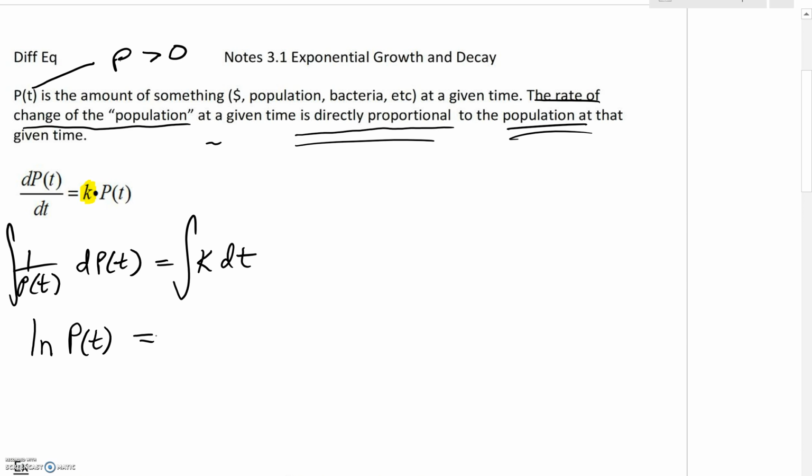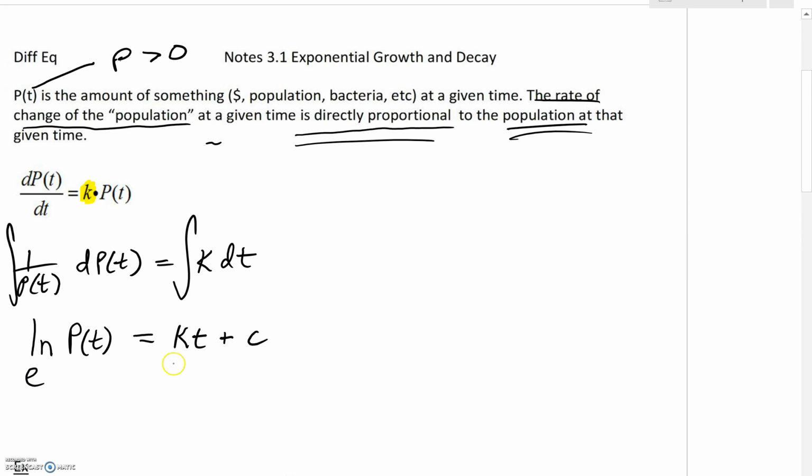On the right side, we'll have kt. We're going to take our antiderivative with respect to t. But here we go, add some pesky little constant right there. And we derived this even in Calc BC, we took it a step further and said, how about we find what P of t really equals? And how did we go about solving for P of t?